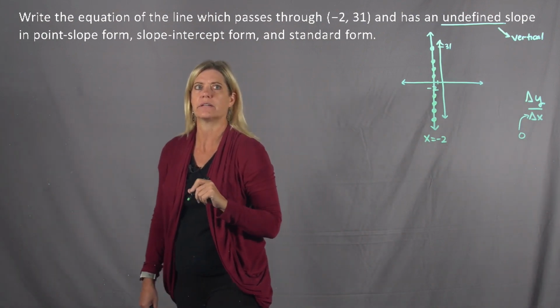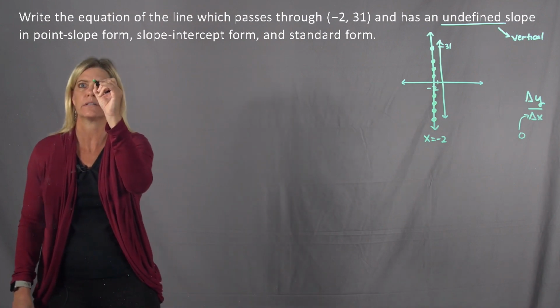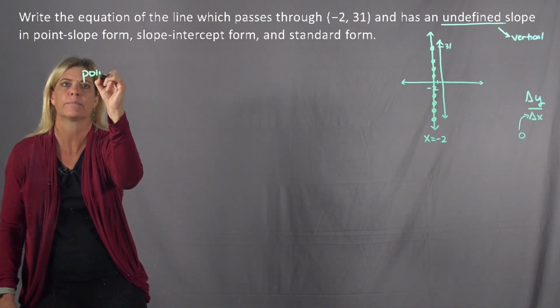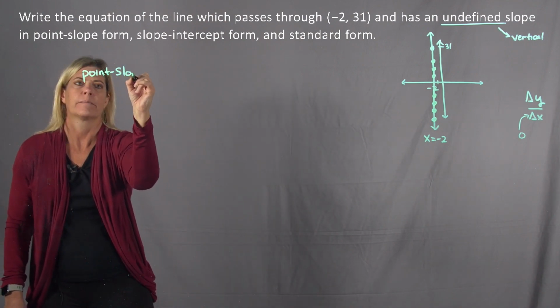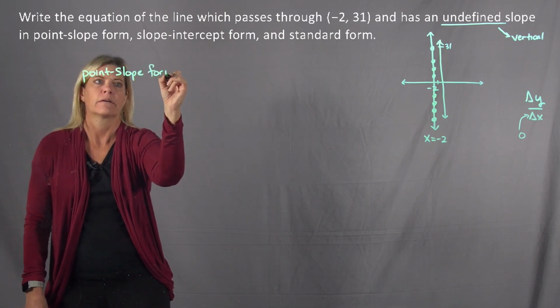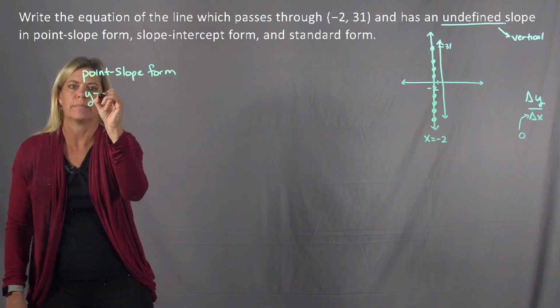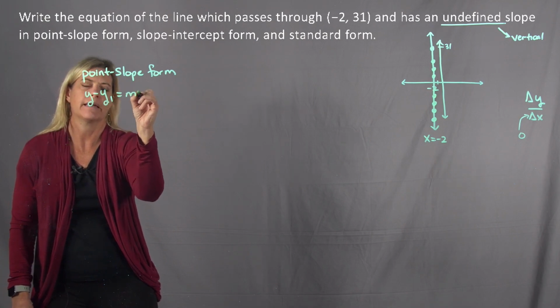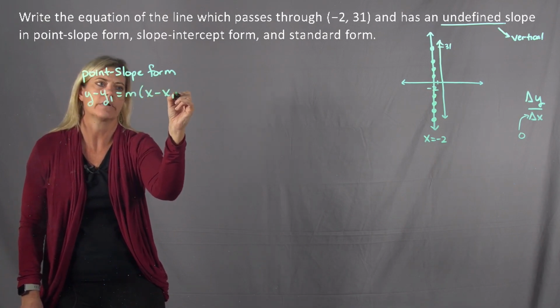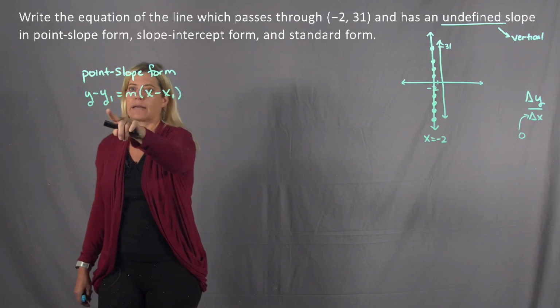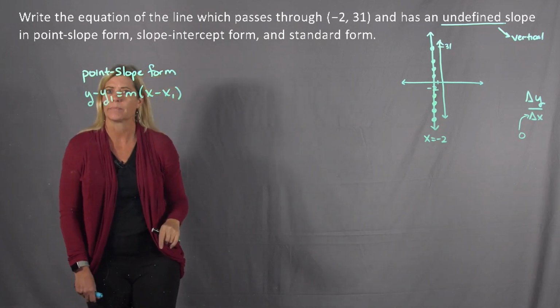Okay, so now if we start to put them in these forms, let's look at point slope form. Point slope form is y minus y1 is equal to m times x minus x1, where the point it goes through is x1, y1, and m is your slope.